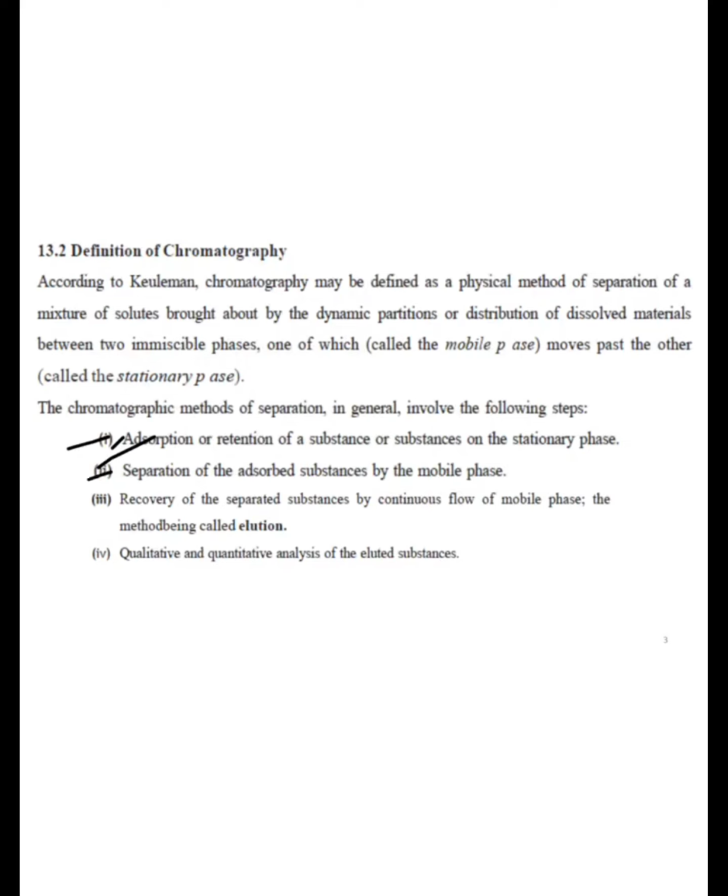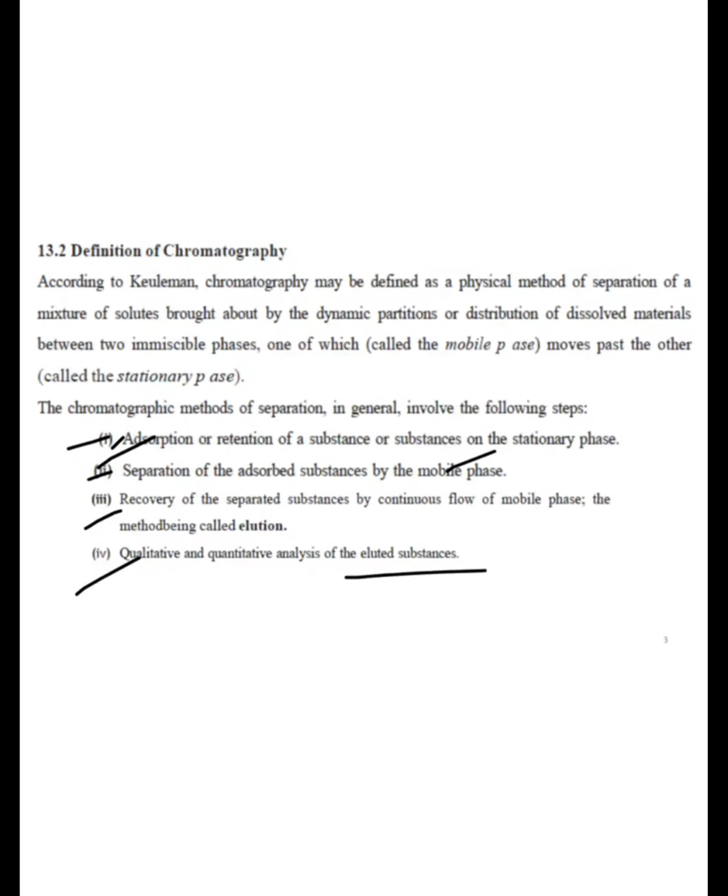The second step is separation of the adsorbed substance by the mobile phase. And the third step is recovery of the separated substance by continuous flow of the mobile phase. You recover the solvent by drying using a rotoevaporator, separating it from the given sample. And the fourth step is qualitative and quantitative analysis of the eluted substance.